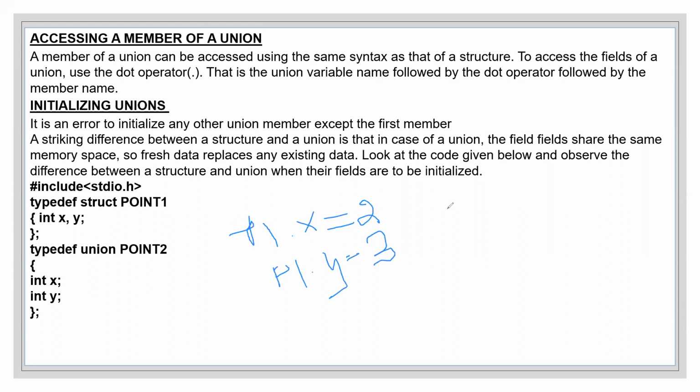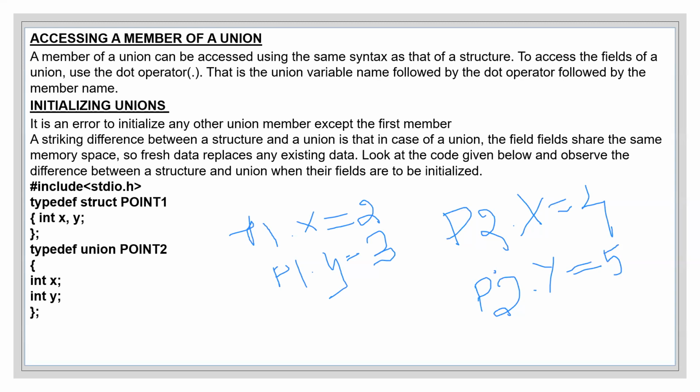Now for the union, let's take the variable as P2. We are assigning the value to union P2 dot x is equal to 4, P2 dot y is equal to 5.